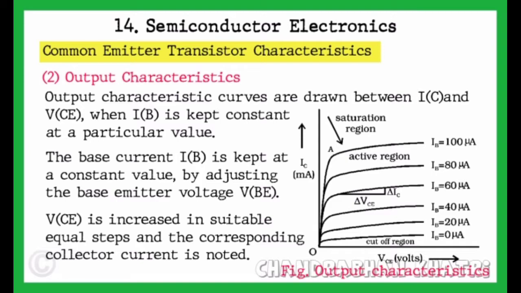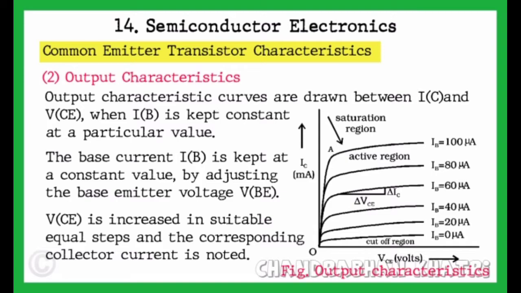Output characteristics. Output characteristic curve are drawn between IC and VCE when IB is kept constant at particular value. The base current IB is kept at constant value by adjusting the base emitter voltage VBE.